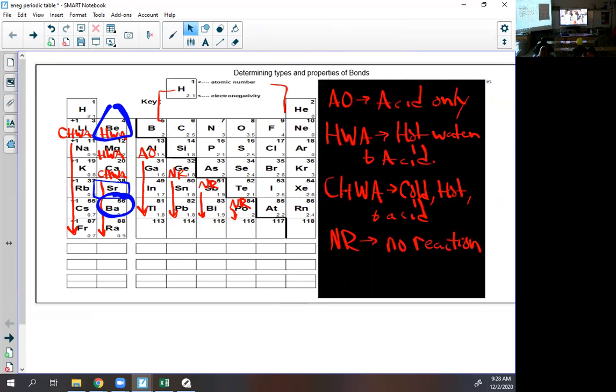Ignore strontium. Can't delete that part. So I forgot how it was worded again. Would BE be more or less? Tell your partner. It would be less. Good answer. The one that's higher is less reactive.